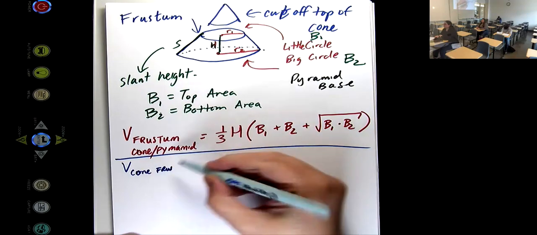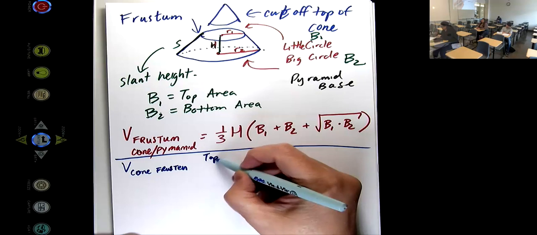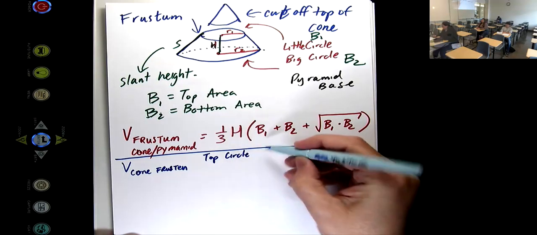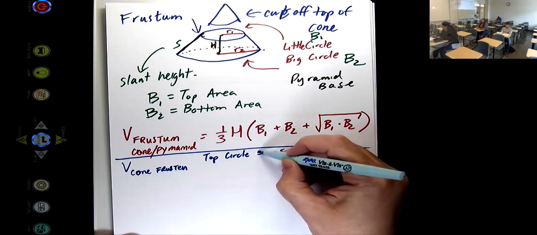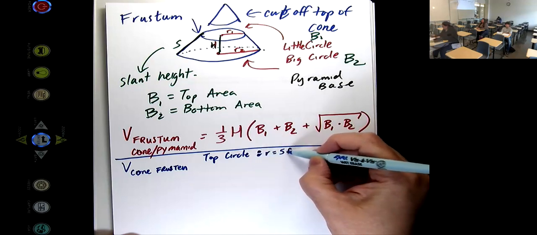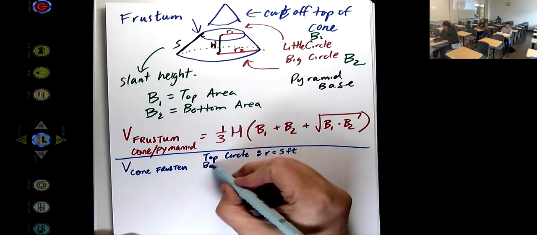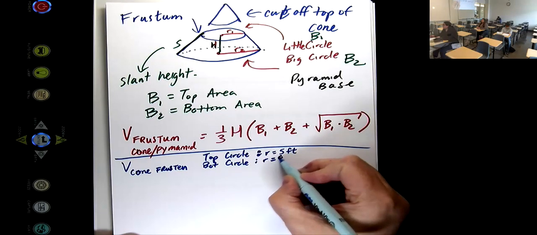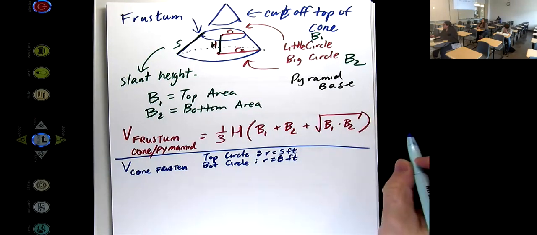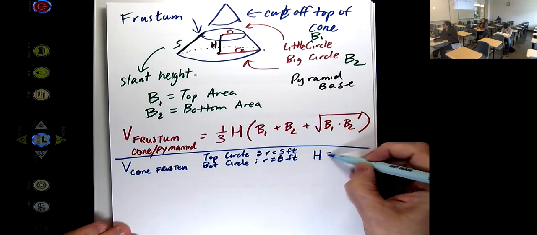For the top circle, we have a radius of 5 feet. I'm tired of using centimeters. And the bottom circle will have a radius of 8 feet. And the height will be 5 feet.